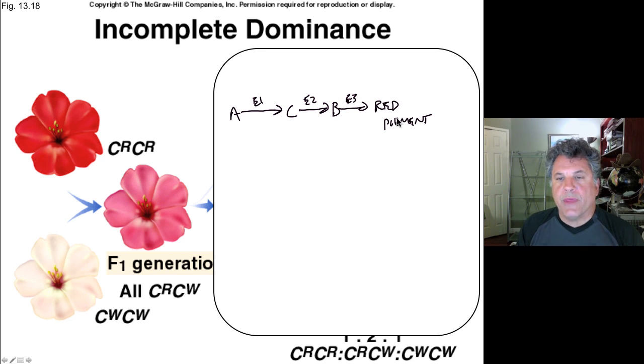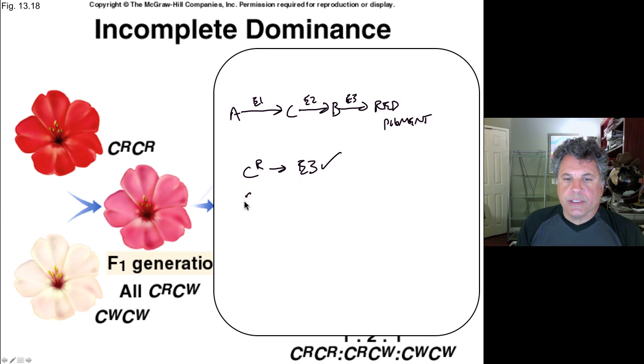Well, if we imagine that the C red allele produces a functional enzyme 3, and the C white allele produces a non-functional enzyme 3.